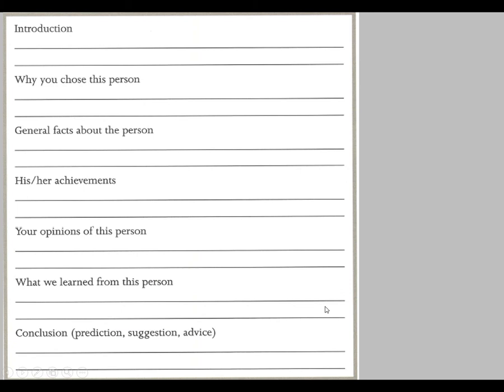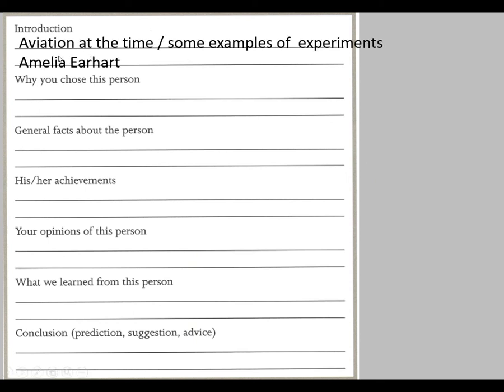To give you an example, I'm going to make an outline about somebody I would like to talk about. In my introduction, I'm going to focus on aviation at the time, some examples of experiments in aviation, and I will mention the person's name. The reason I chose this person is I admire her. I like her. I like what she did very much.